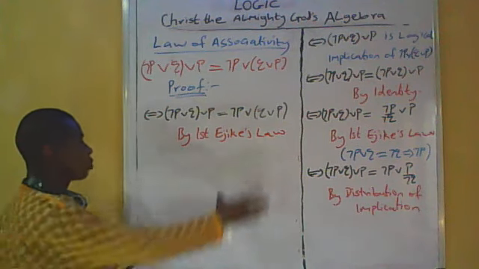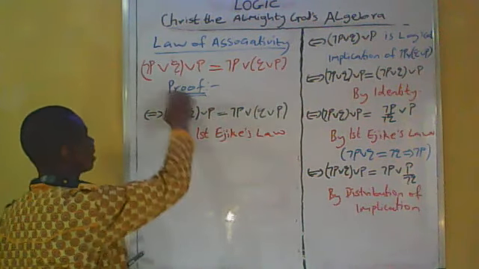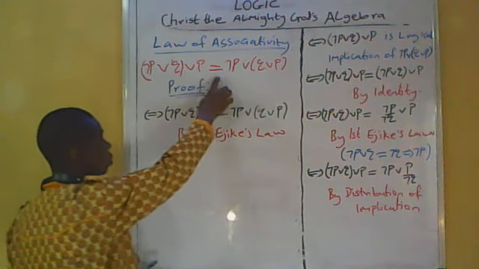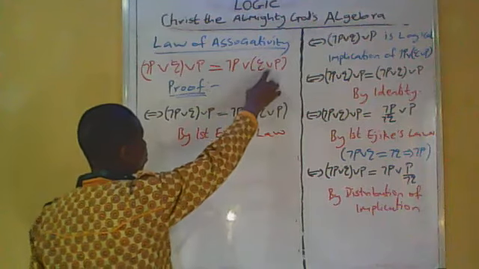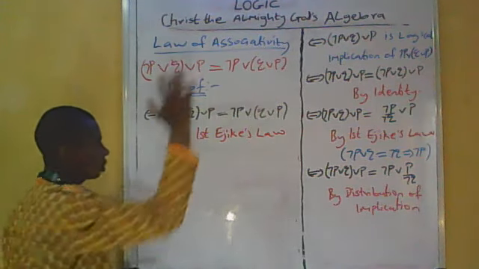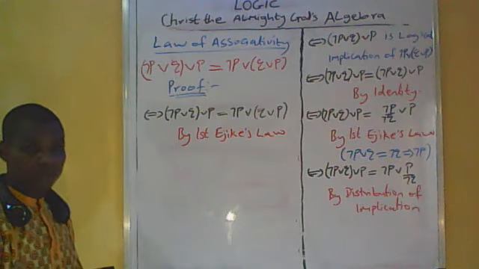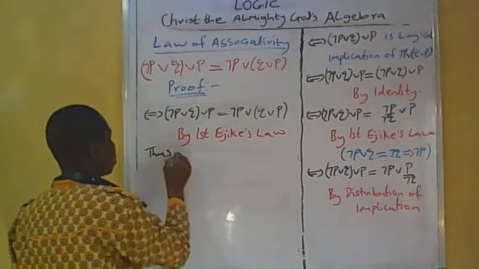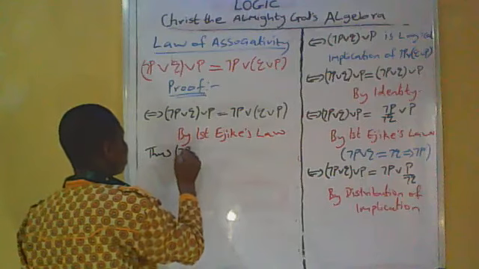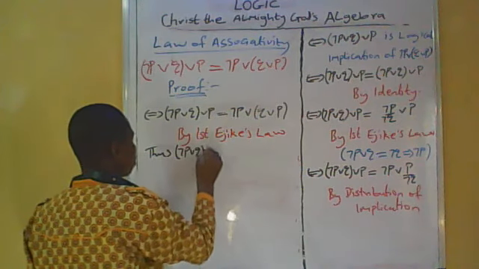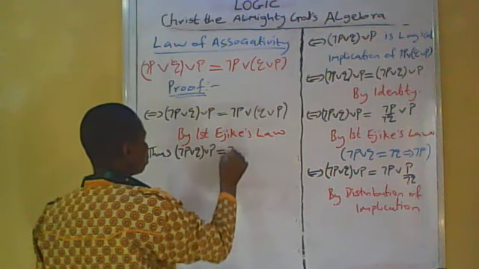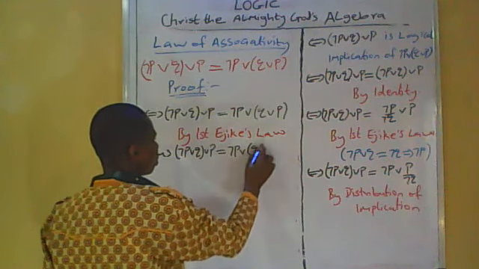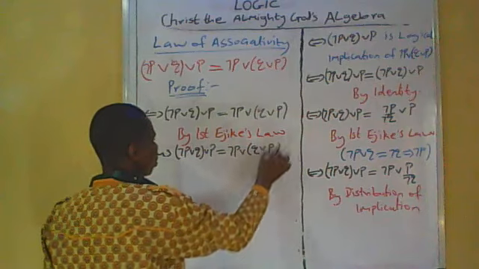You see that we have now proved the statement, that means (not P or Q) or P is equal to not P or (Q or P). We have proved it. You say thus (not P or Q) or P is equal to not P or (Q or P).